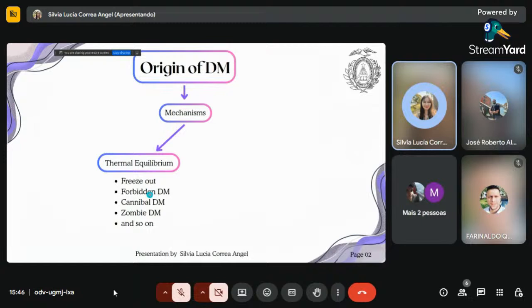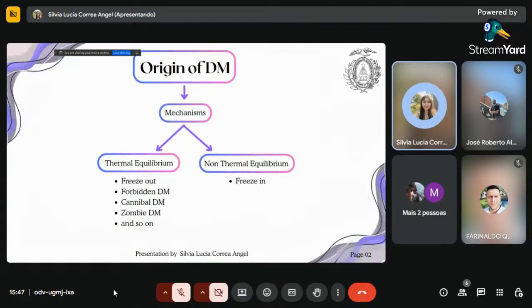There are many mechanisms that use thermal equilibrium. The best known is freeze-out, then forbidden dark matter, cannibal, zombie, and so on. But there are also other mechanisms that do not reach thermal equilibrium at all. In this case, we are interested in freeze-in. Freeze-in is when the dark matter was never in equilibrium with the heat bath in the early universe, and its interactions with the other content of the universe are very weak.